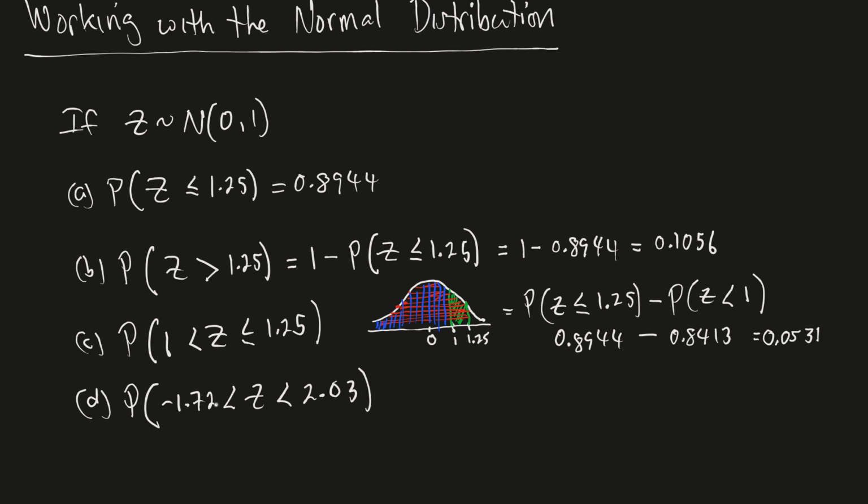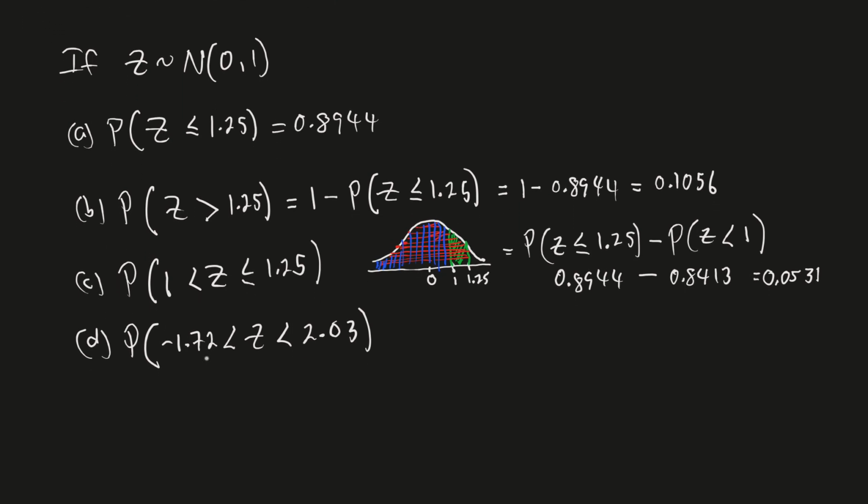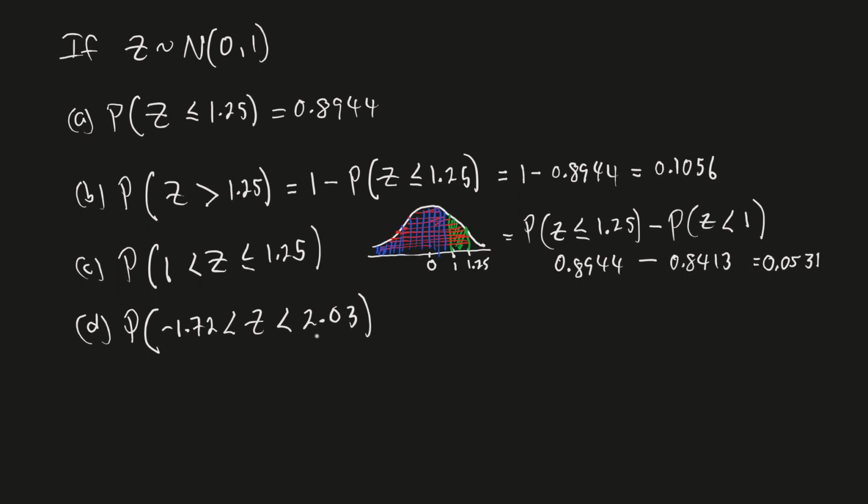For part D here, it's something similar, right? It's just that now one endpoint happens to be positive and the other endpoint happens to be negative. If you wanted to visualize this one, again we would have our nice little bell curve. The standard one is always centered at 0.